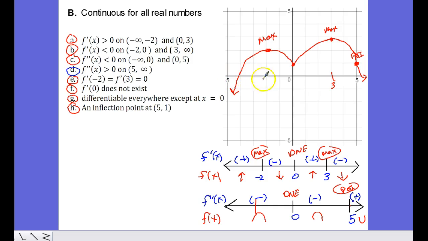Increasing from -infinity to -2, decreasing from -2 to 0, increasing from 0 to 3, decreasing from 3 to infinity. We have a max at -2, a max at 3. F prime of x does not exist at 0. We have a cusp here. We're good. We've got it.